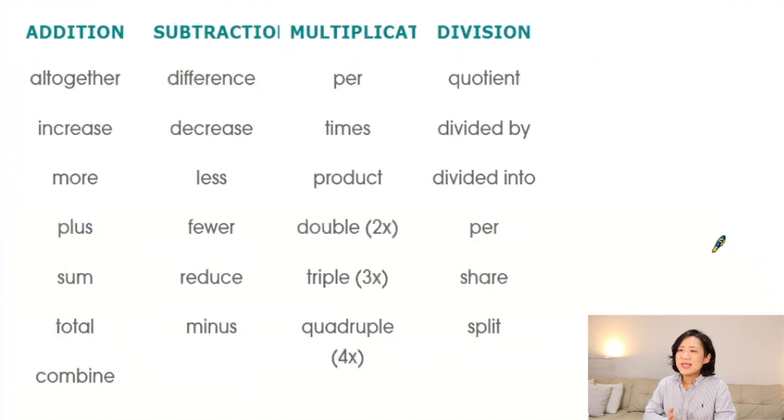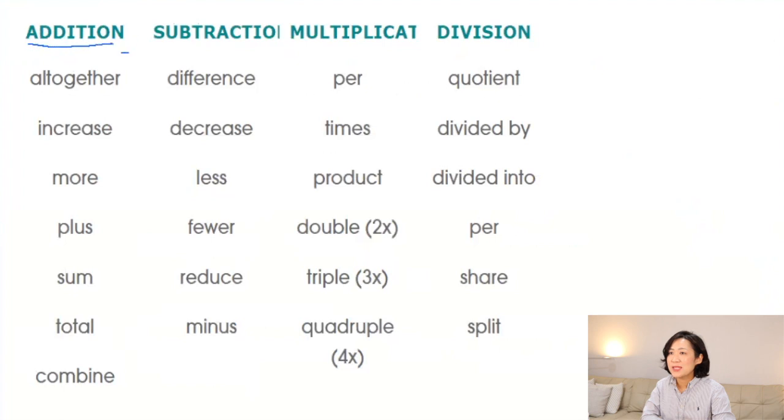So these are the vocabularies related to the four operations. When you translate the sentences into expressions, please focus on these words and change them into addition, subtraction, multiplication, and division. Have a look at this together.